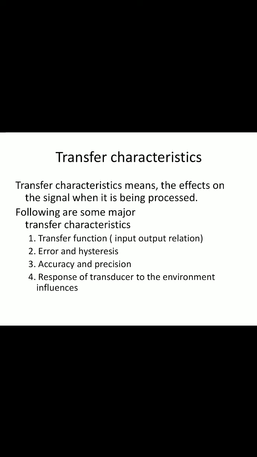We know the error refers to the variation of measured value from the true value, and hysteresis refers to the variation in the measured value when it is measured from the bottom, increasing the reference quantity, and when it is being measured in the top down fashion, means choosing a larger value then decrementing and measuring the particular quantity. So there will be a change in value on the two types of measurement, and that refers to the hysteresis.